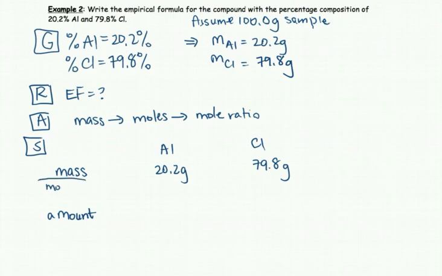The molar mass, you find it by looking at the periodic table, and we know the mass of aluminum is 26.98 grams per mole, and the chlorine is 35.45 grams per mole.